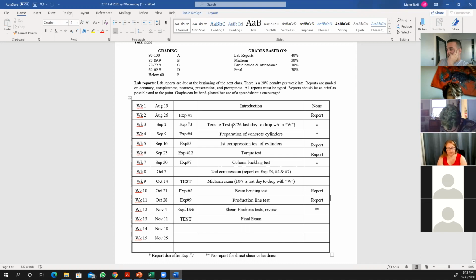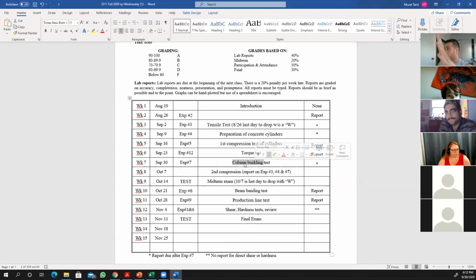So far, we got the tensile test done. Concrete is almost done; next week we will finish it. For column buckling, I will complete it and provide the data. I will run these calculations again for those of you who want to see again how to develop your reports and your tables.